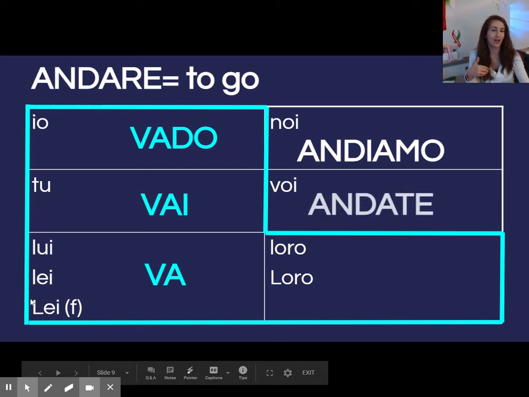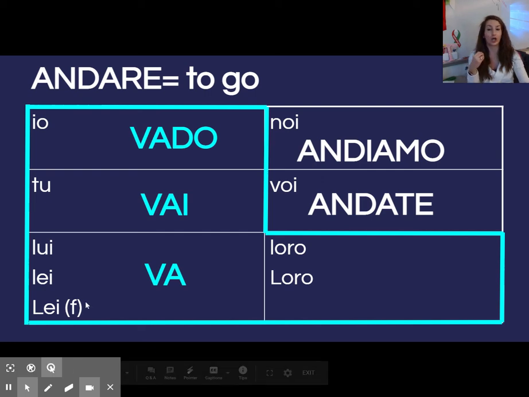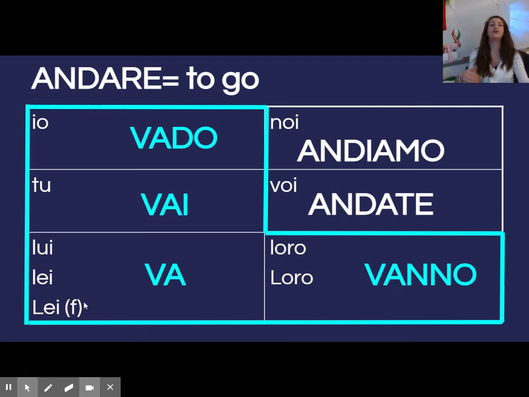Voi andate. Last but certainly not least, loro. Go back to that primo colore. Primo colore for loro, it's going to look a little diverso, a little different with the ending, but it starts con la stessa lettera, with the same letter. Loro vanno. They go. Io vado, tu vai, lui, lei va, noi andiamo, voi andate, loro vanno.